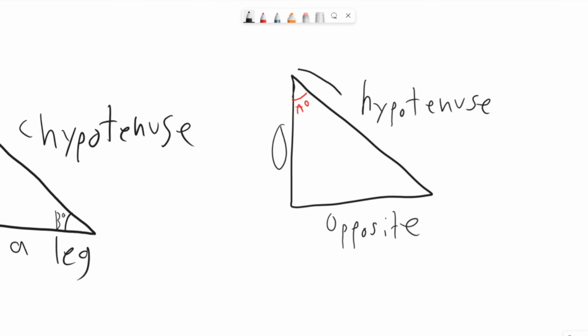The hypotenuse is at an A degree angle going to the side, and the opposite's not even connected to A. So this is the only line connected to A that's going in a straight line.